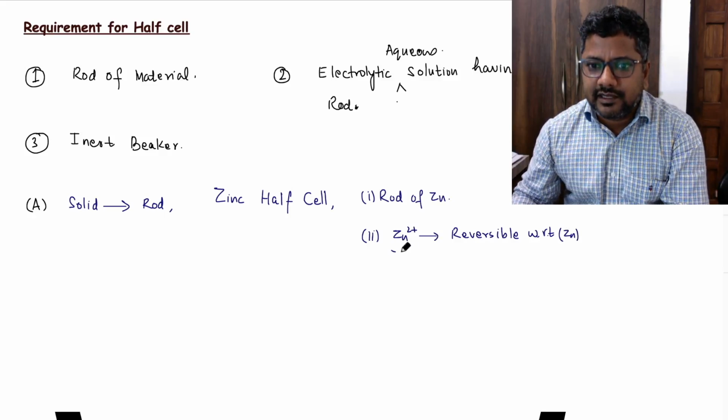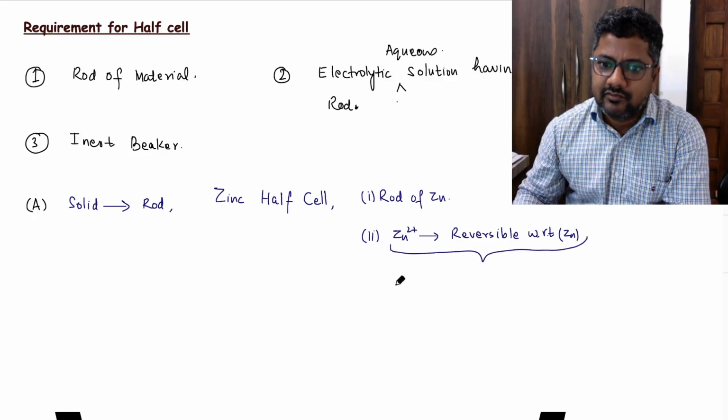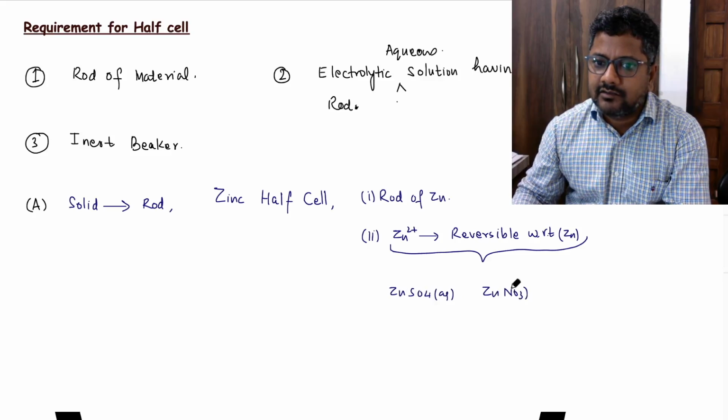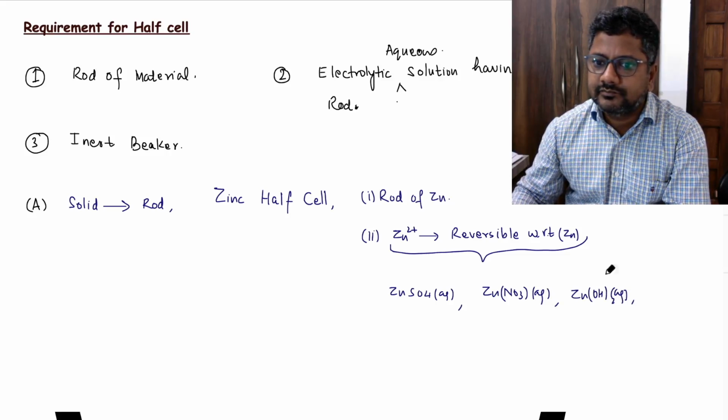So you can take any electrolytic solution having zinc. For example, you can take ZnSO4 aqueous, Zn nitrate aqueous, Zn(OH)2 aqueous, or ZnO2 2- aqueous.